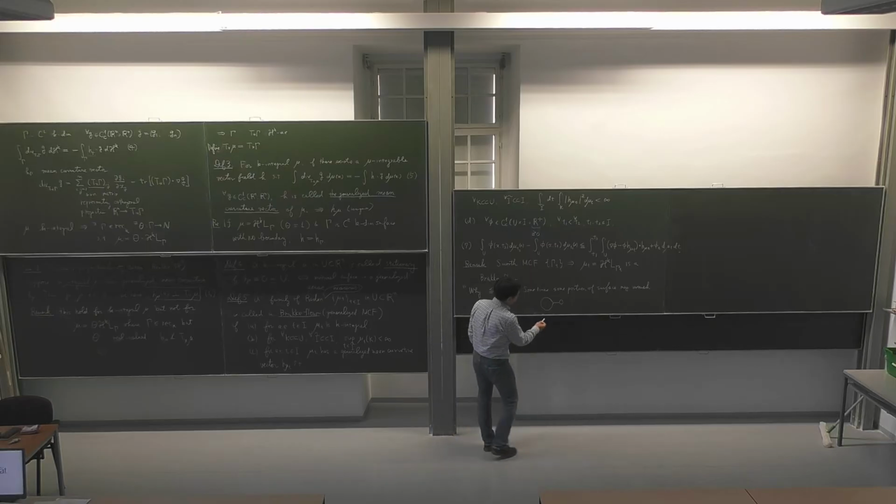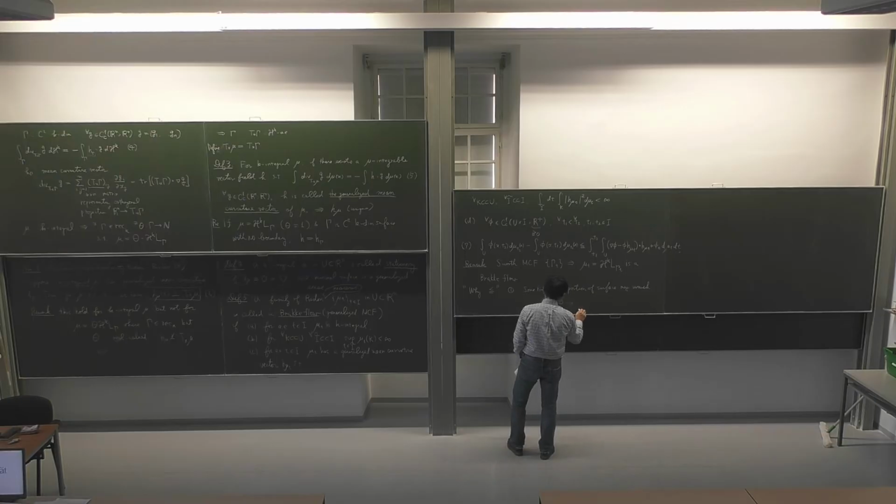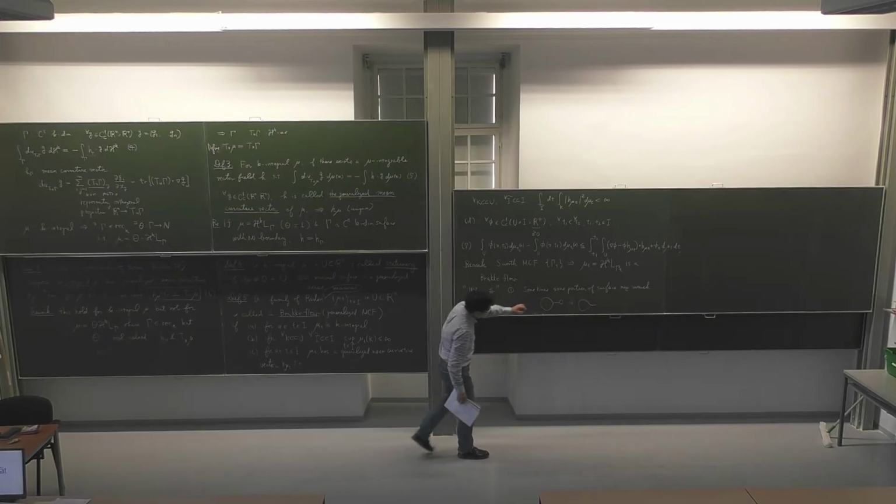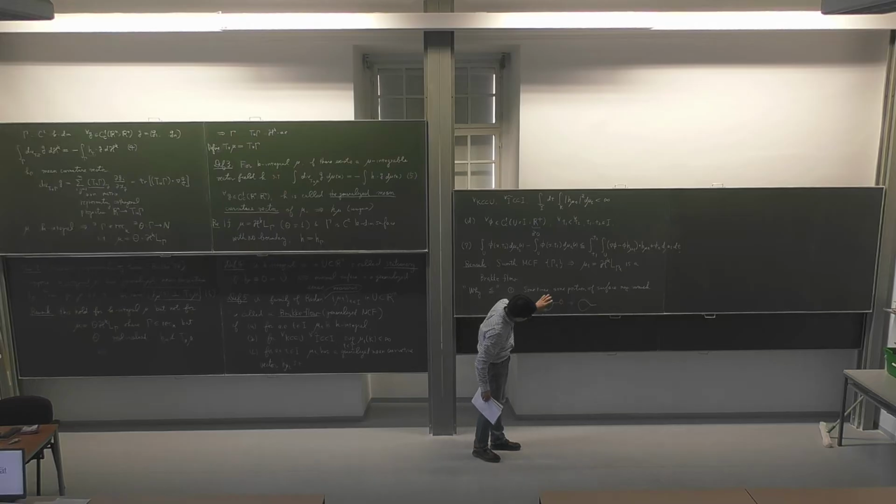Since this little guy has a bigger curvature, this shrinks faster than this one. So in finite time, this picture can become something like this. This guy shrinks faster than this one, so you may have this kind of picture with a little line sticking out like this.